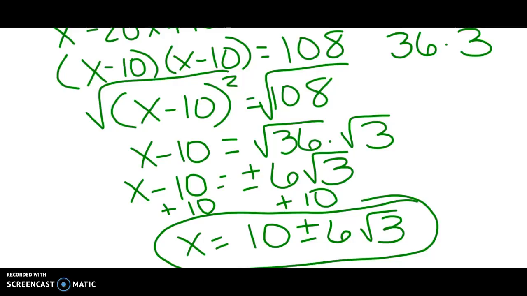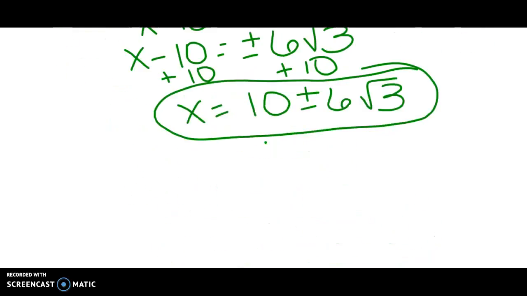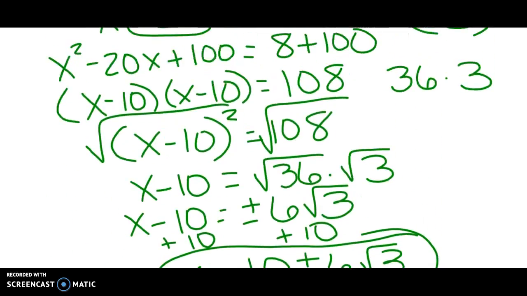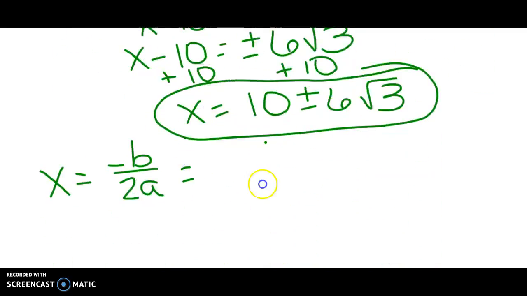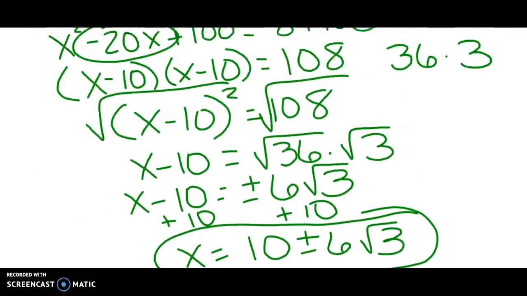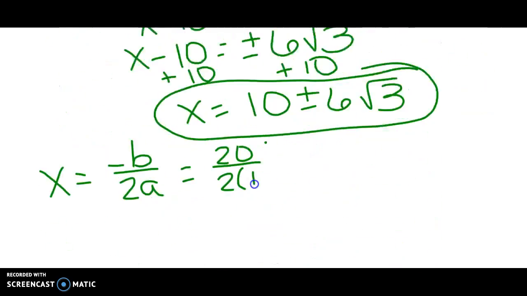If you want to find your vertex, remember the formula for the vertex, the x value is equal to the opposite of b over 2a. So let's go find that. You've got the opposite of b, so b is negative 20. So the opposite of b is going to be 20 over 2 times, what's our a? 1. So 20 over 2 is 10.